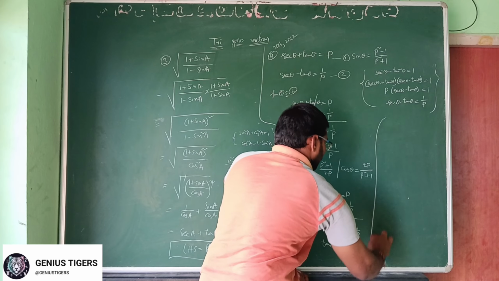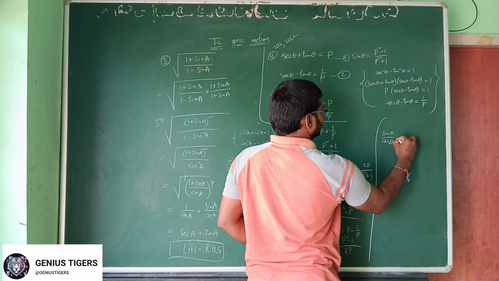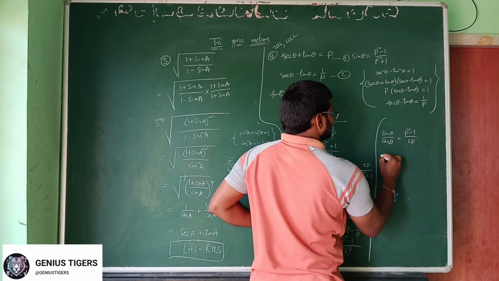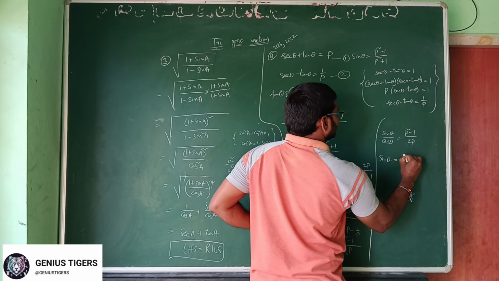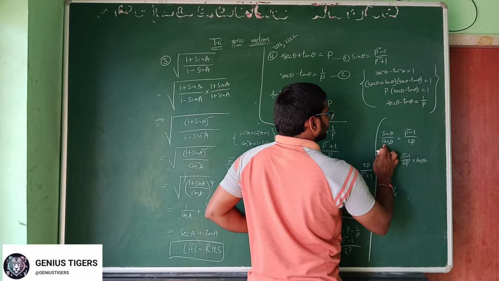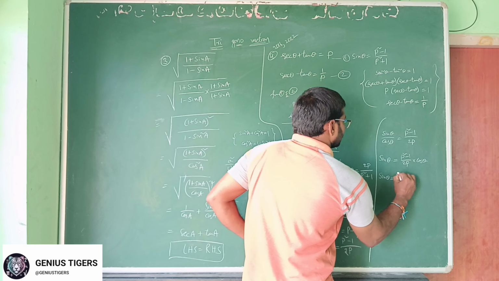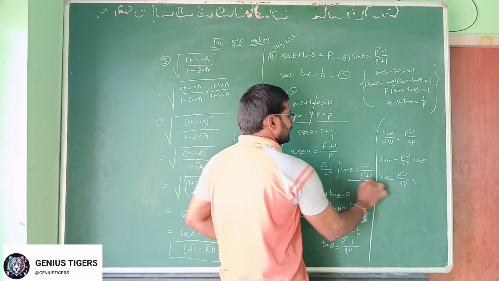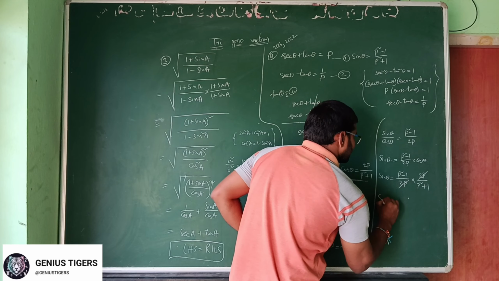Now tan theta means sin theta by cos theta, equal to (P square minus 1) by 2P. Cos theta transposes to that side, because we want sin theta only. So sin theta is equal to (P square minus 1) by 2P into cos theta, and the cos theta value we already found: 2P by (P square plus 1). 2P gets cancelled.